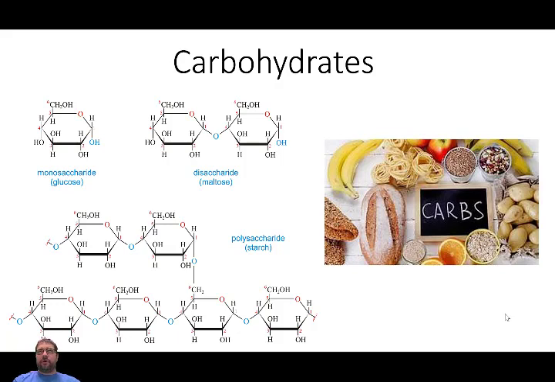Carbohydrates are often one of those words that just get a bad rap. They get a bad name. People are always saying, "Oh, I'm cutting carbs. I'm limiting carbs," whatever it might be. Carbohydrates are far more than just a food source. So through this lecture, I'm going to discuss the different carbohydrates and the role that carbohydrates play as a biomolecule.